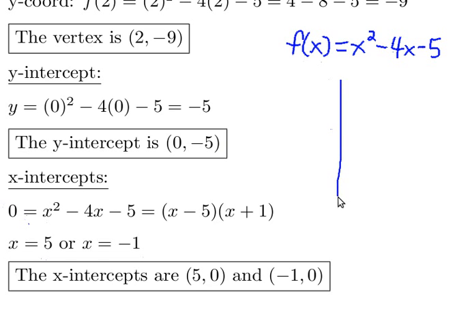So here is our y-axis. Here's our x-axis. The x-axis actually doesn't look too bad. So the vertex is at (2, negative 9). So this is x, extended out to negative 9.